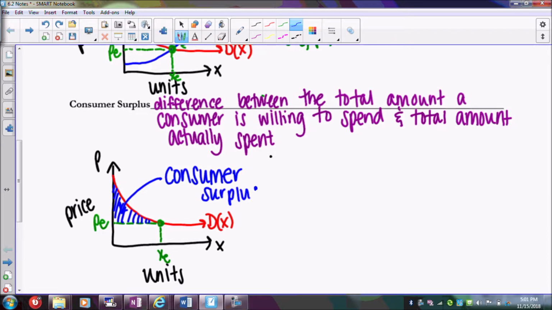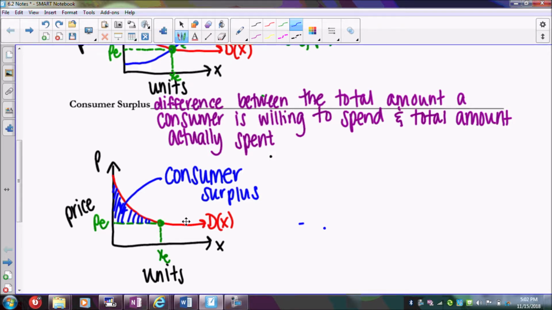If you wanted to find this area, think back to section 6.1, the area between two functions. We have d of x as one function, and p sub e is just a horizontal line, so you can think of that as a horizontal function, y equals some number.